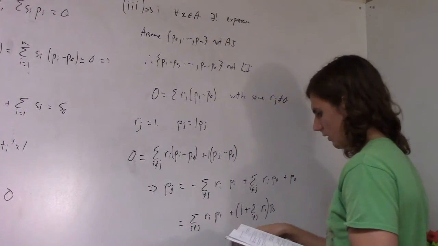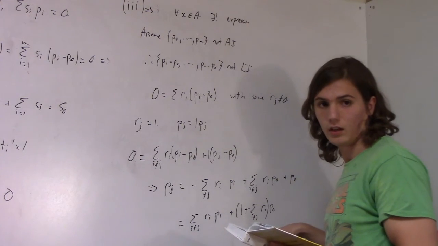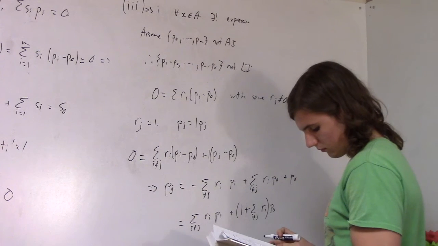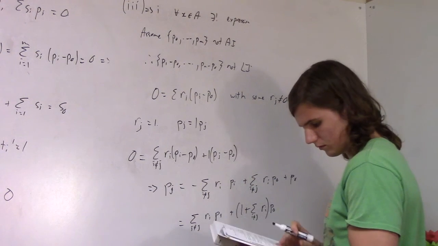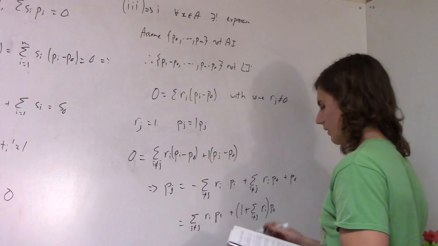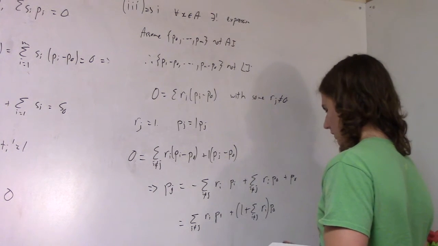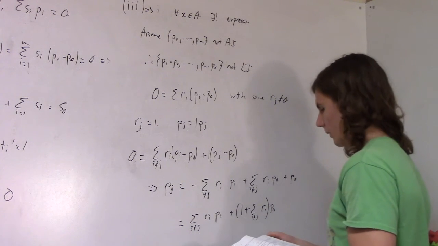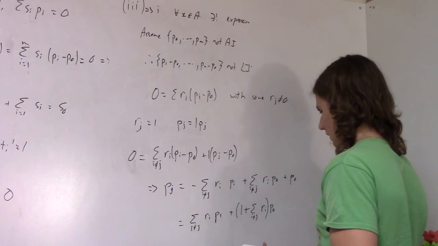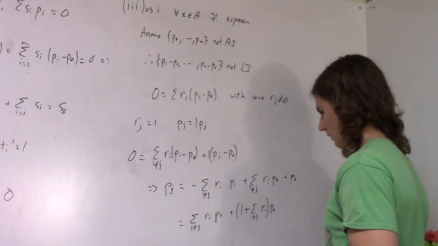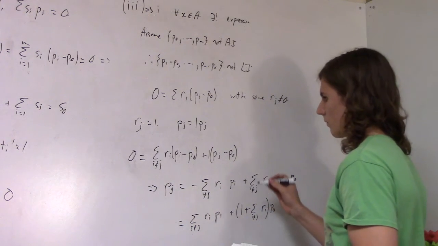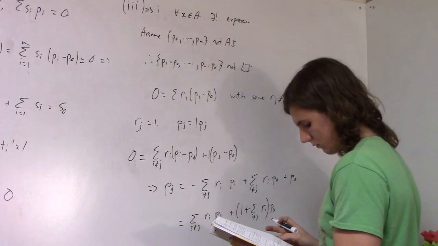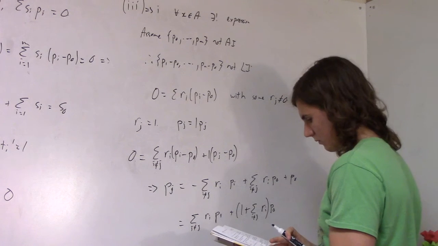Okay, but this is a combination of... So you found a different combination, and so a different set of, what are they called? Coordinates. Yeah, coordinates. So you had the 1 for Pj in the first one. Now you got all this Ri and 1 plus the sum of. There's not even a Pj there, so the jth coefficient is 0, I suppose.